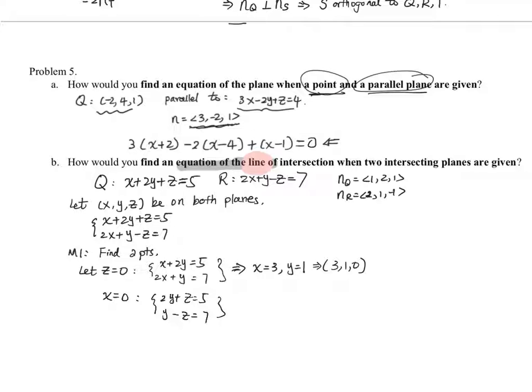So when I add these 2 equations, I get 3y equals 12, which means y is equal to 4. And then when I know y is 4, z must be equal to negative 3 from the second equation. So the point that I have is 0, 4, and negative 3. Hopefully, now you know how to continue because you have 2 points.